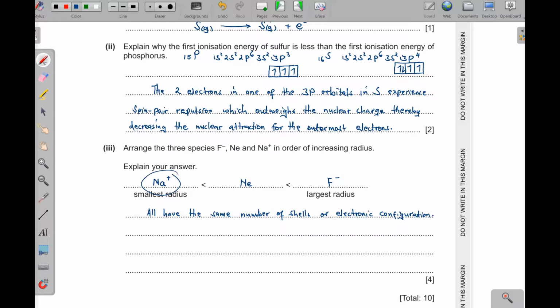Now this one here is the smallest because it has the highest proton number, and therefore the greatest nuclear attraction.